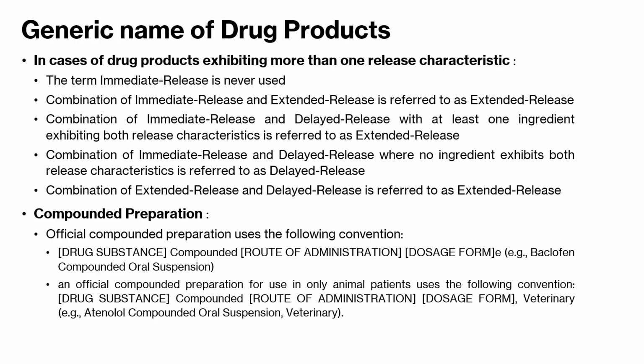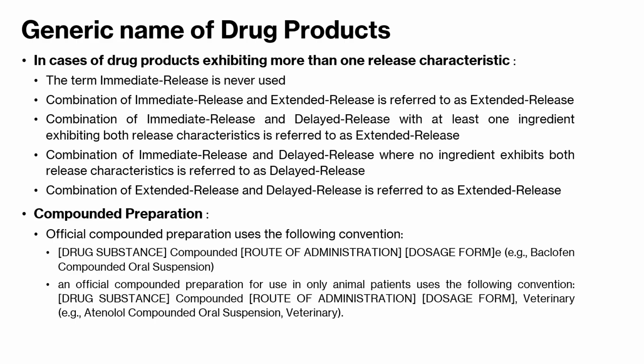When there is a combination of immediate release and delayed release with at least one ingredient exhibiting both release characteristics, the product should be referred to as extended release. The combination of immediate release and delayed release where no ingredient exhibits both release characteristics is referred to as delayed release. The combination of extended release and delayed release is referred to as extended release.